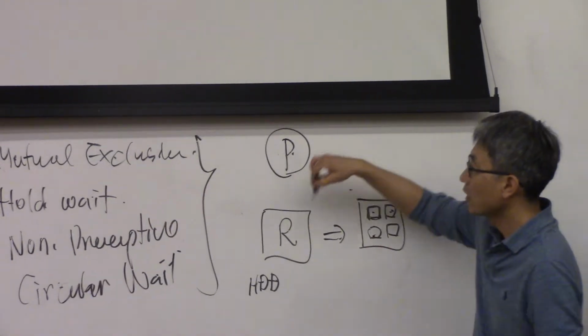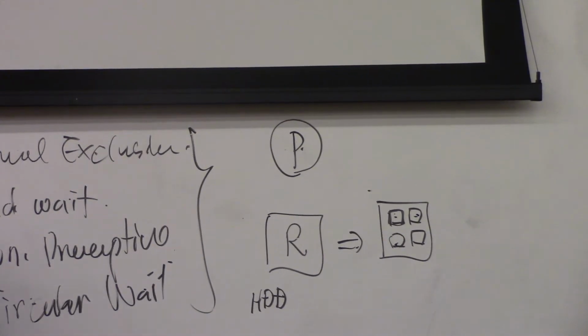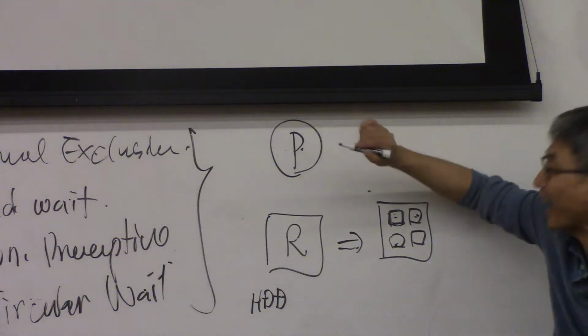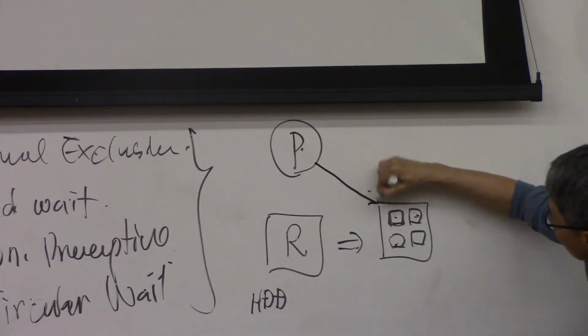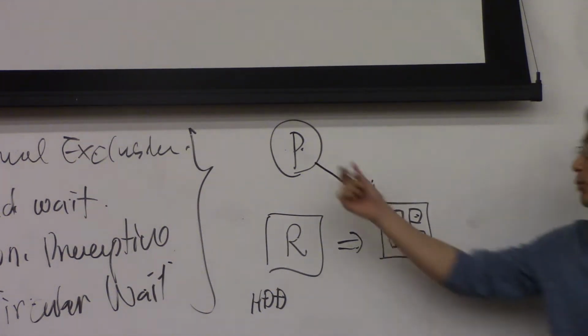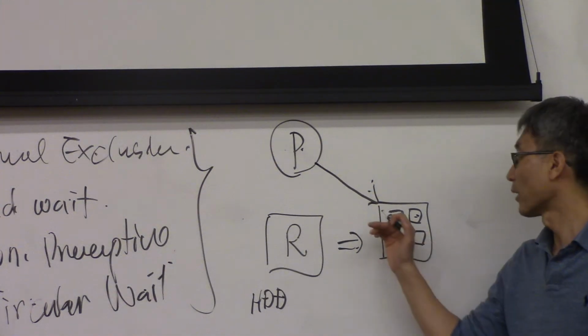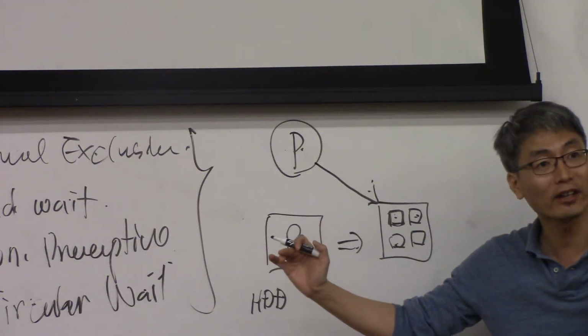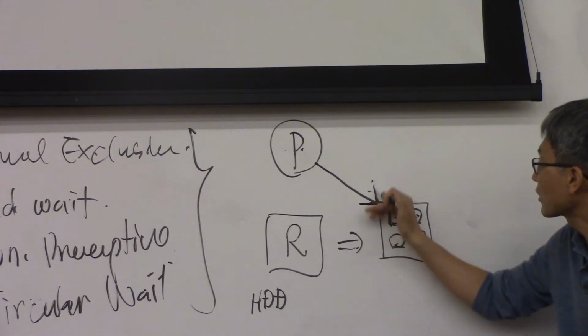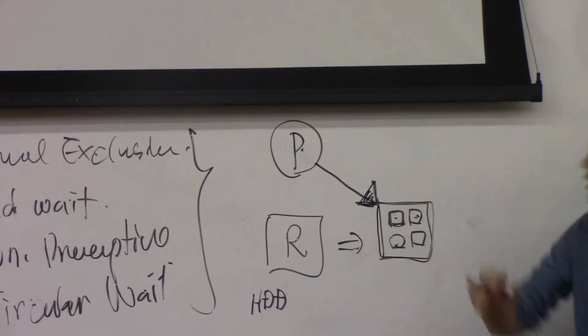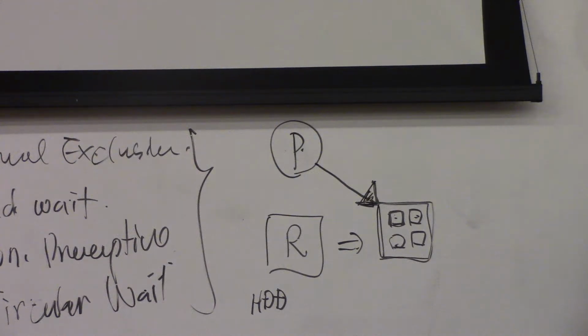Then we define the mechanism of using a resource: first request, then use, then release. First the process needs to request. That request is modeled as an arrow from the process to the square resource. But it's not assigned, not granted yet. So the direction of the arrow is outside the square.